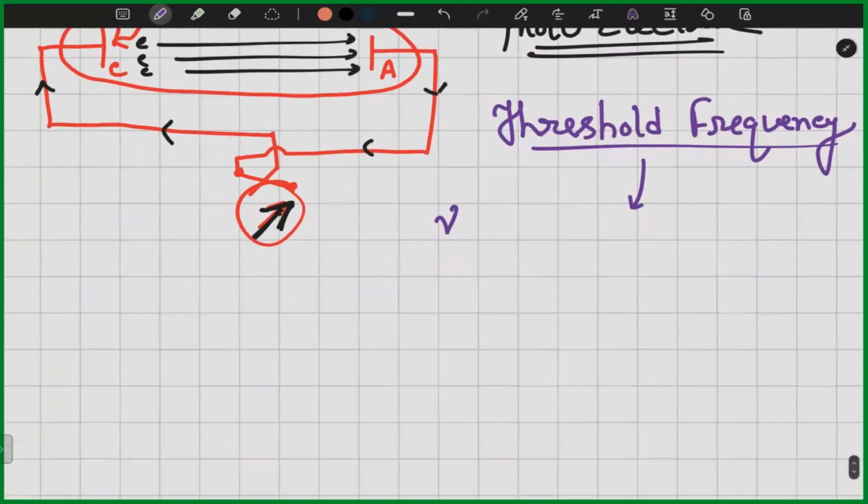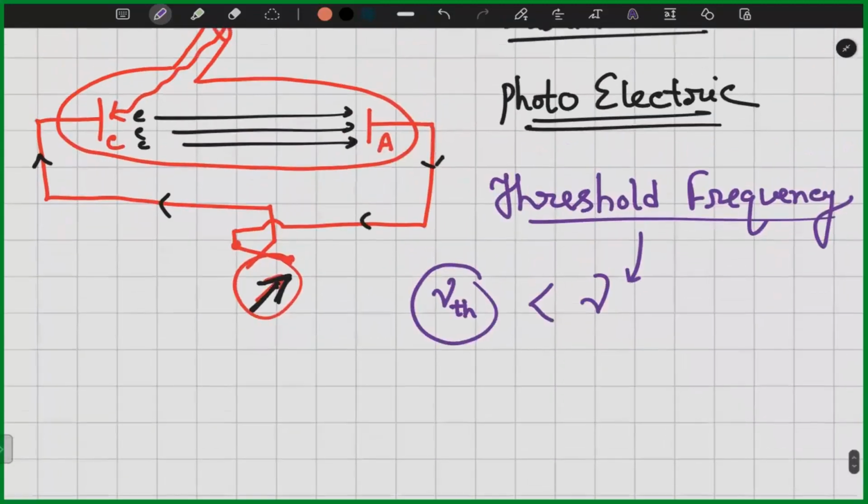Let's say ν₀ is the threshold frequency. If the frequency of the light is greater than ν₀, then only does the photoelectric effect occur. That means electrons escape from the metal surface and give us the electric current.